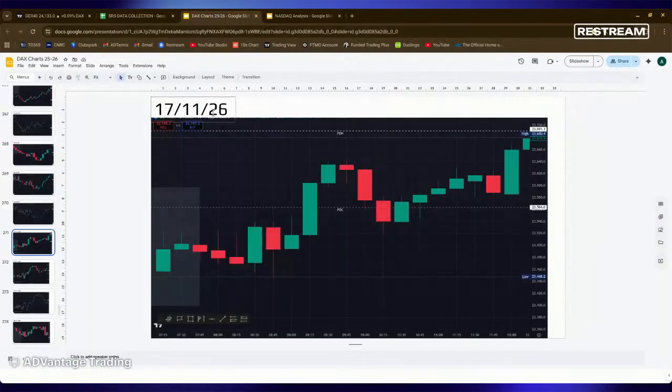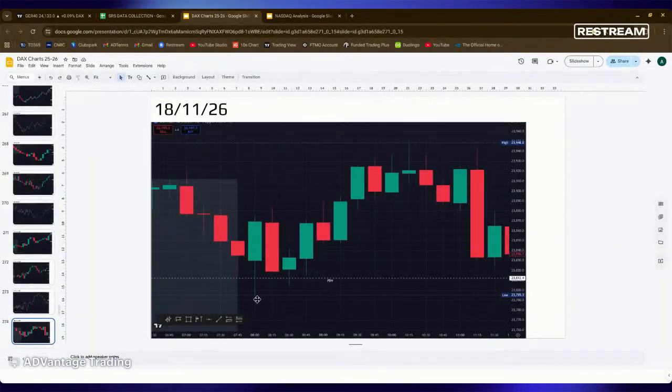So if I quickly show you on this chart here, this was a gap up day. So the market opened above where it closed the previous day. And the first bar was green, second bar was red, and the market made a higher high.